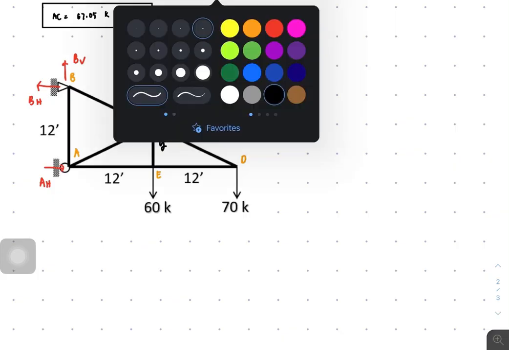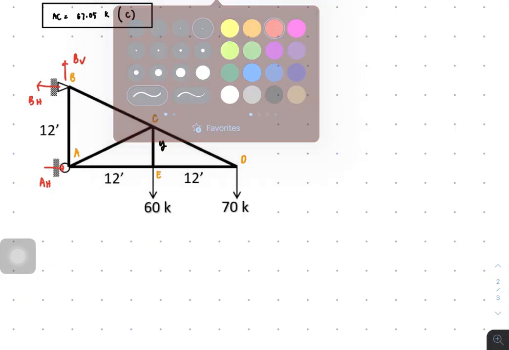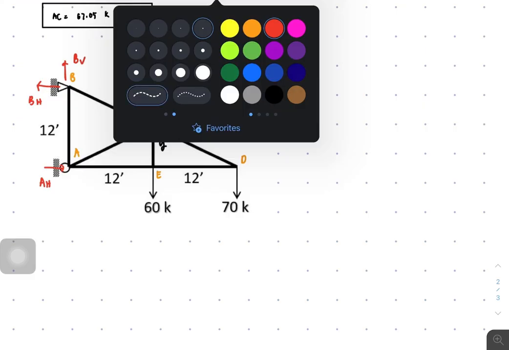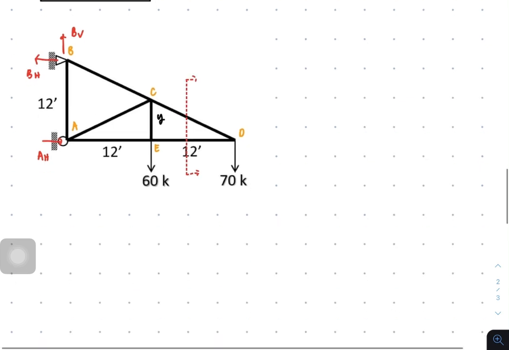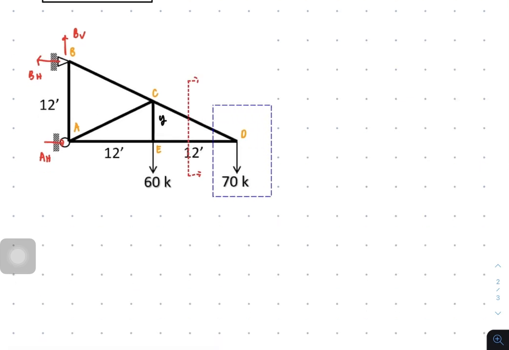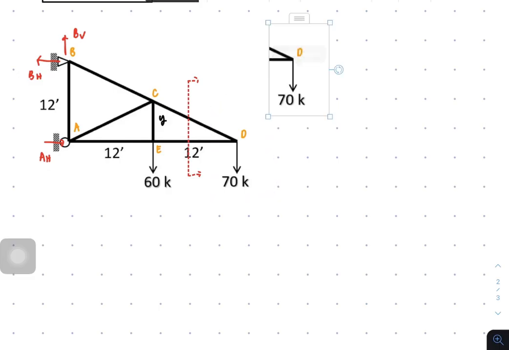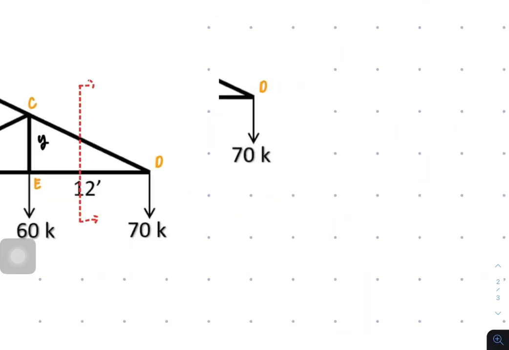So I'd like to have a section that will cut through here and consider here. So with that, it's basically just going to give you a method of joint, as you can see here.